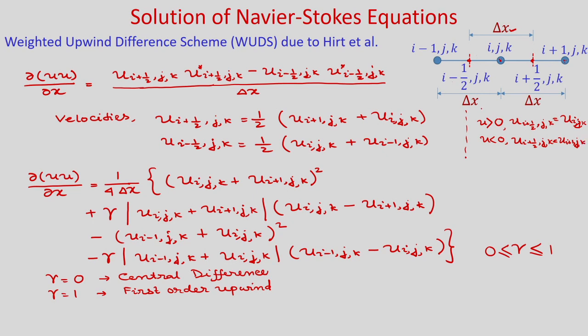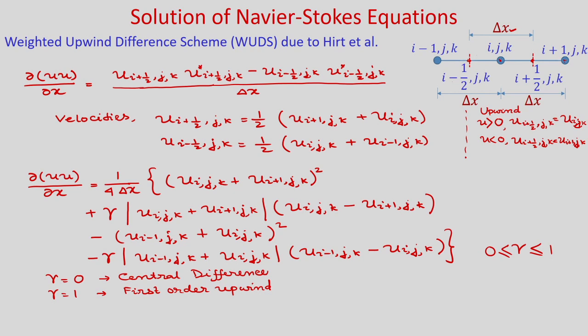This is known as upwind: you are taking the upwind point from the direction in which the velocities are coming.